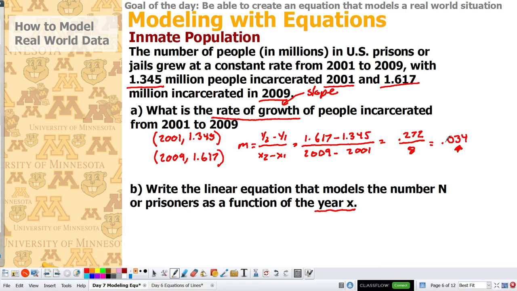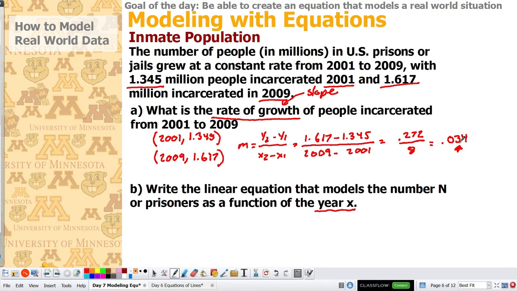It's the rate of change. The population of jails and prisons is increasing by this many million every year. It's the rate of change of the prison population. It's positive, so the inmate population is going up. It's increasing every year.